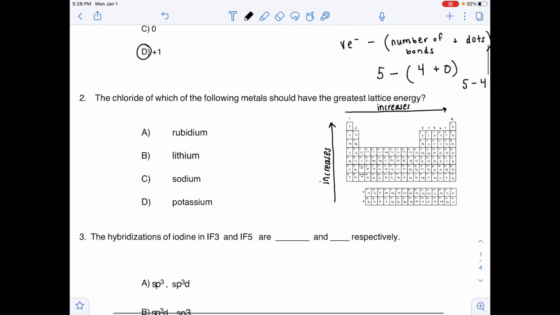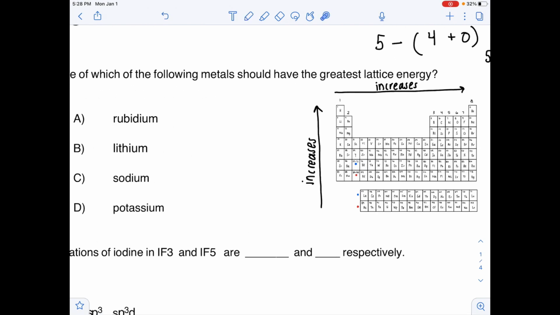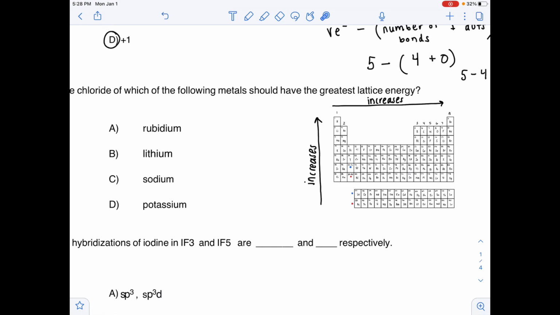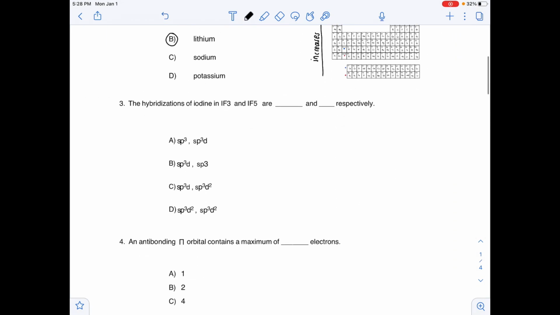When we look at our question, we see rubidium is right here, and above it is potassium, above potassium is sodium, and above sodium is lithium. So lithium is going to have the greatest lattice energy because it's at the very top, and lattice energy increases as you go up. So the correct answer is going to be B.